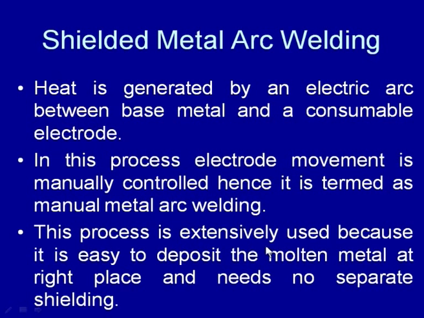So, because of this easiness to deposit the molten metal between the plates to be joined, this process is very extensively used, but this process has some inherent problems like somewhat poor shielding, and this leads to application of this kind of welding process for comparatively less sensitive applications.